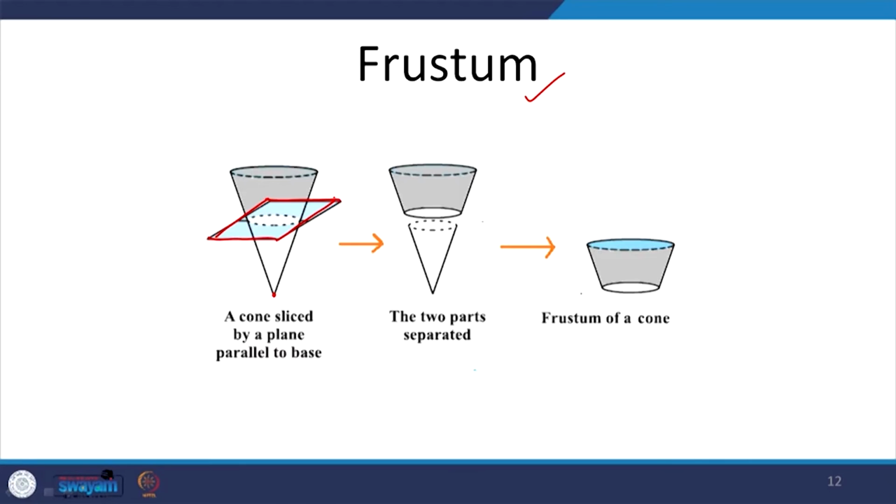When it cuts, what happens? We get two parts of the original cone. The top part still remains a cone, but of a different height and different dimensions. The bottom part, where the base originally was, which does not have an apex now, is called the frustum of a cone. As I said, we could have a frustum of a cone, or a frustum of a pyramid.